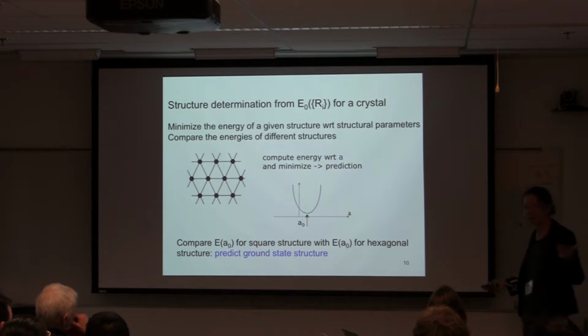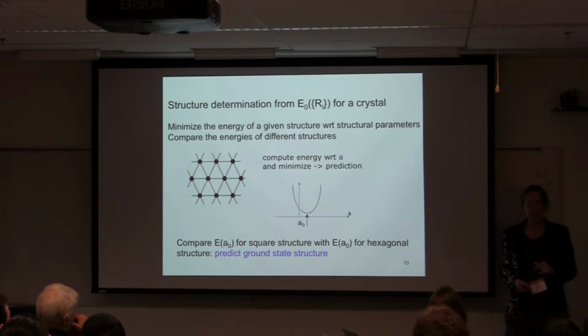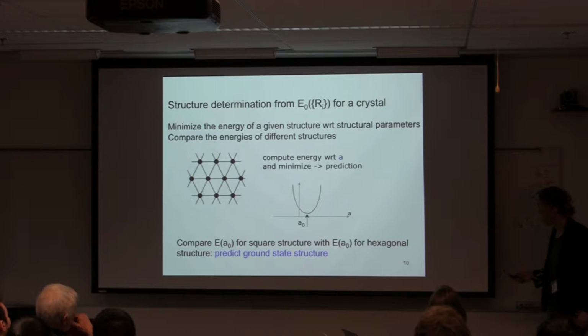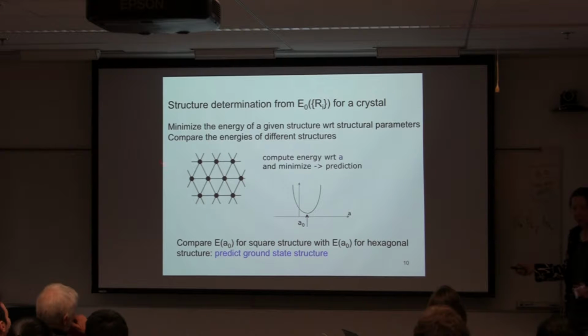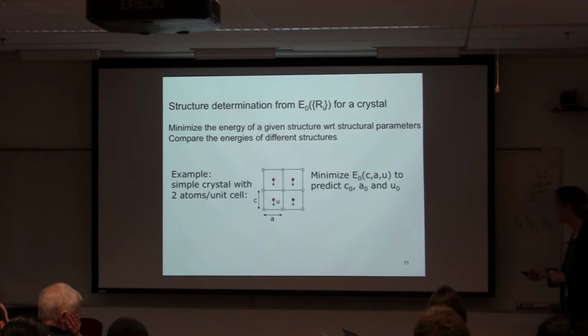Whichever's lower is what I'm predicting as the structure for this particular material. Of course, I might have to consider other structure types as well, but you get the idea. That's the way first principles structure prediction works.